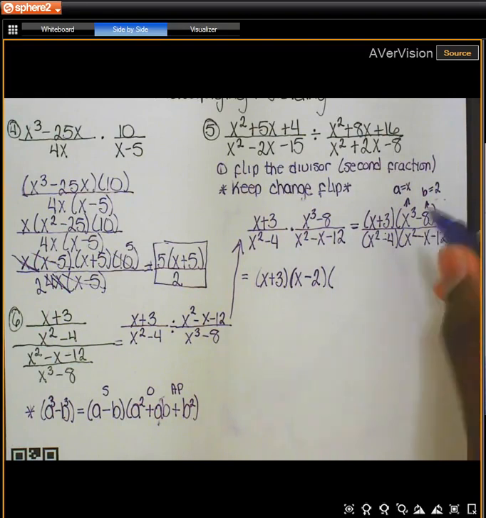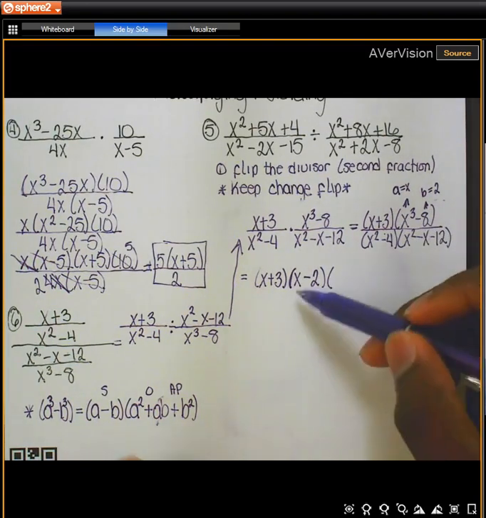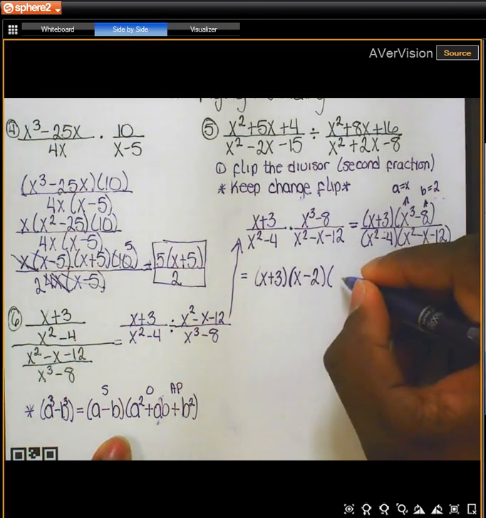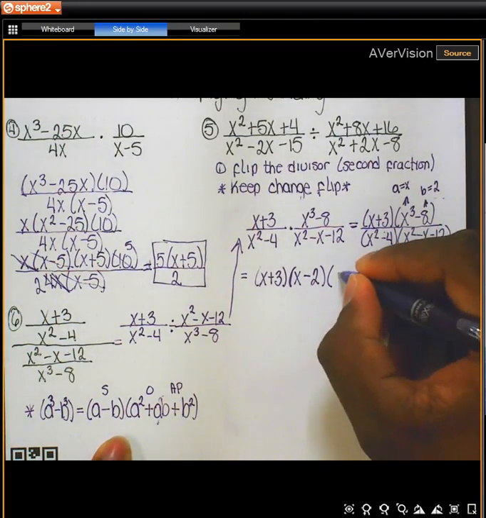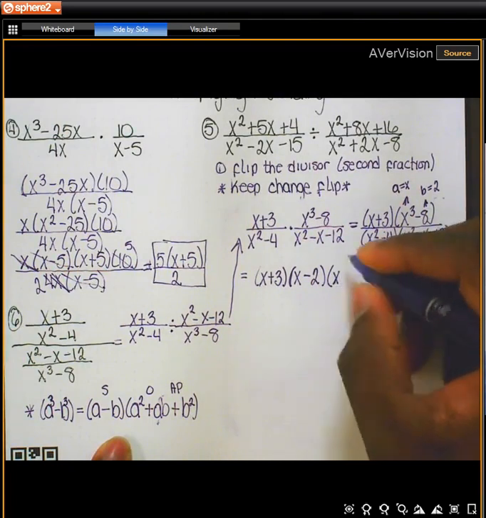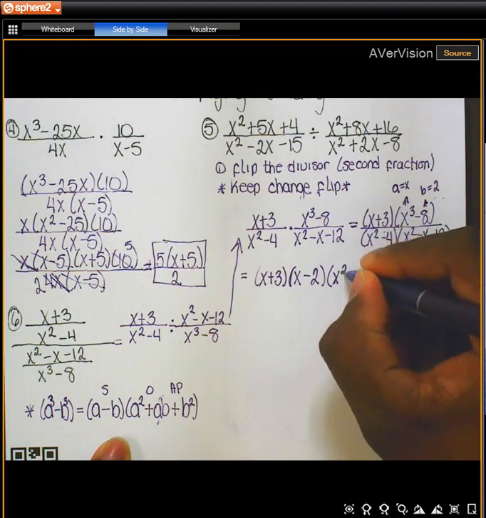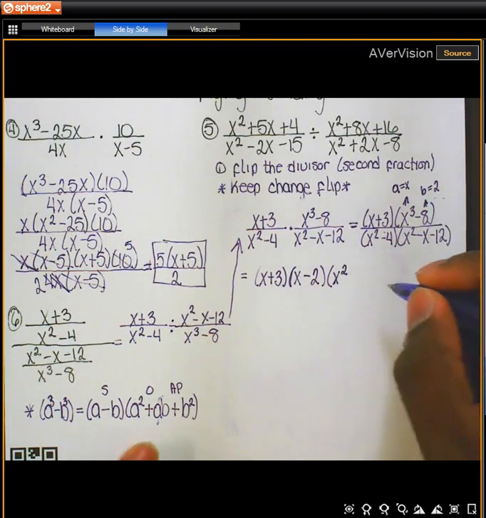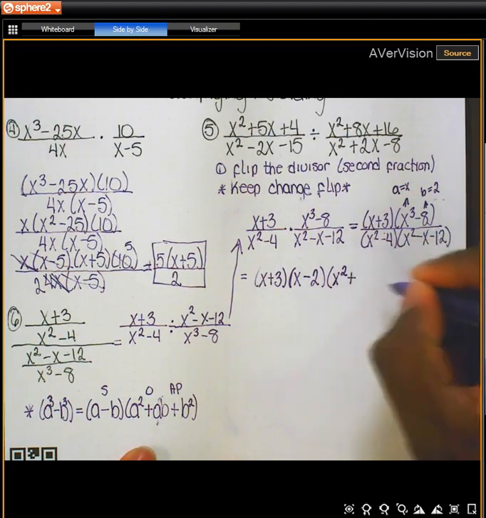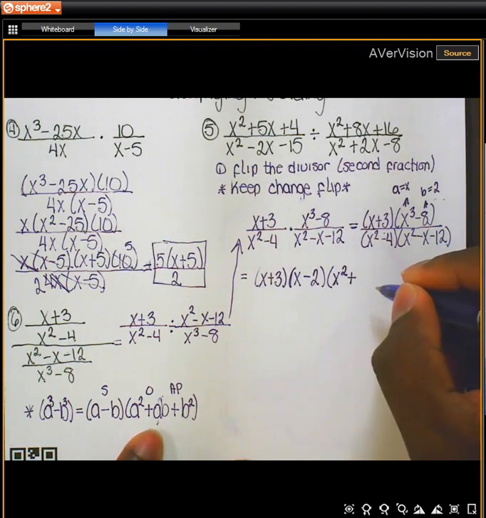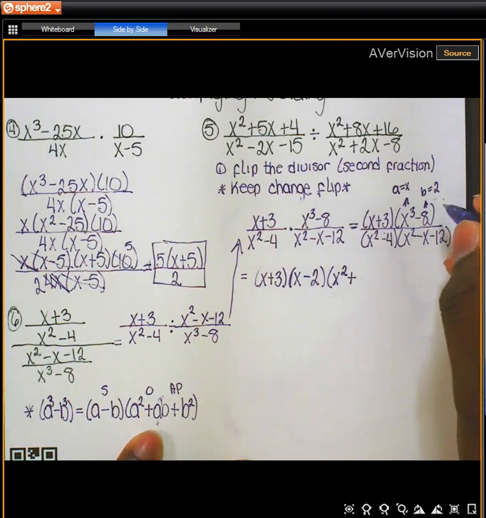All right, so first one we have a minus b, we have x minus 2. What's a squared? Just x squared. And then what is ab? What's a times b? Yes, 2x.